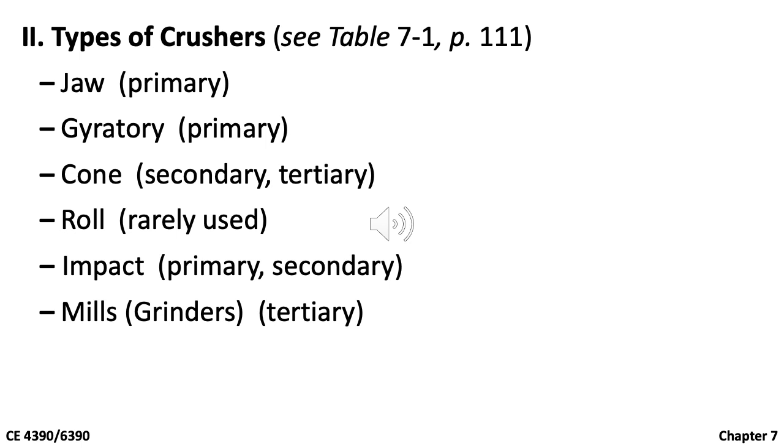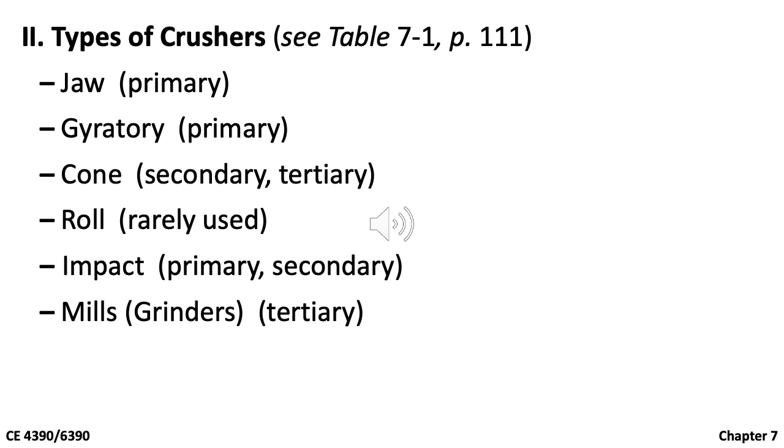For rock crushing, the following types of crushers are commonly used. Number one, jaw crushers. This is used only for primary crushing. Number two, gyratory. This is also used only for primary crushing. Number three, cone crusher. This can be used for either secondary or tertiary.